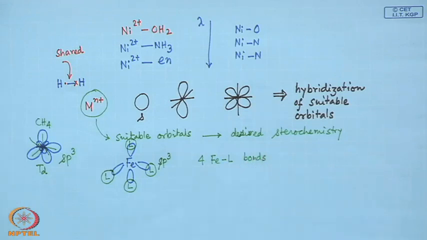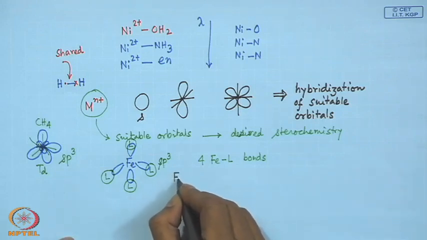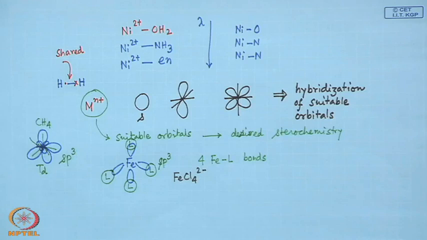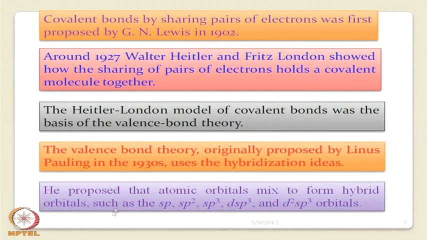So, these 4 Fe-L bonds will be present within the complex, which is FeCl4 2 minus. This is due to the hybridization scheme proposed by Linus Pauling. He proposed that atomic orbitals from the atom of the metal ion mix to form hybrid orbitals, such as the different types of combinations possible.